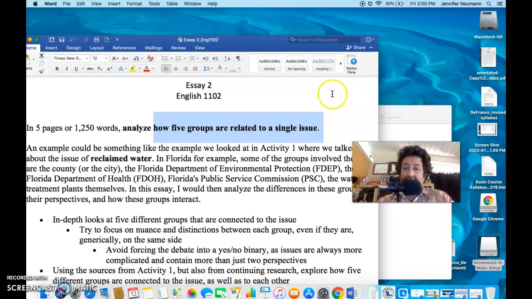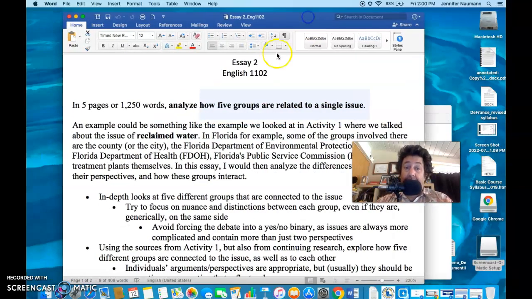We're going to look at how these different groups or organizations are related and work together, essentially. Variations on that. So that's how essays 1 and 2 tie together. You want to have sources in your annotated bibliography that you can draw upon to write essay 2.